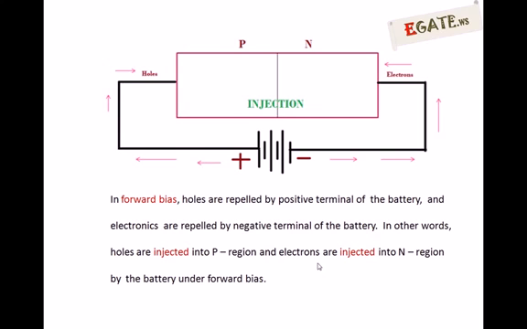That is, it looks like holes are injecting into the P side and electrons are injecting into the N side by the battery under forward bias. So this process at the first level is treated as injection. Holes and electrons are injected into the PN junction under forward bias.